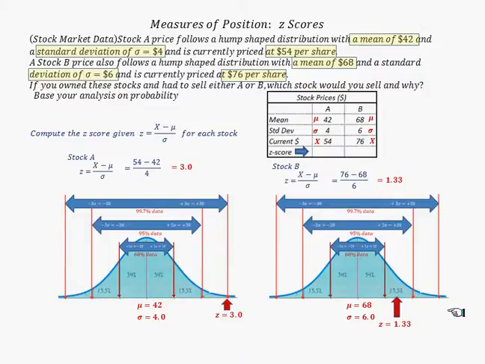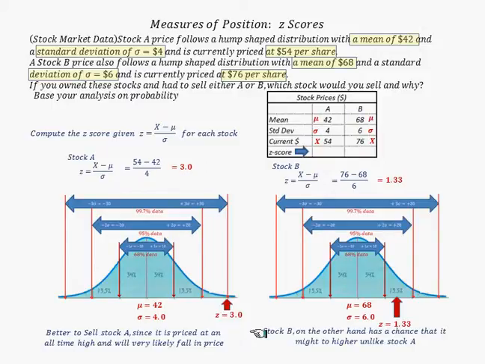And so the question is, if you had to sell, which stock would you sell? And obviously you'd sell stock A because it's way higher, more above its mean than is stock B, and it's more likely stock A will drop compared to stock B. So the answer here would be you'd sell stock A because it's at an extremely high level.